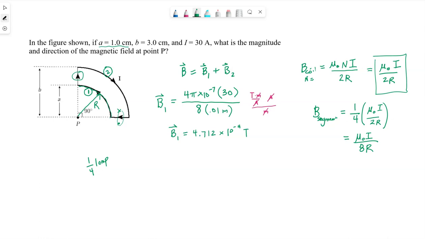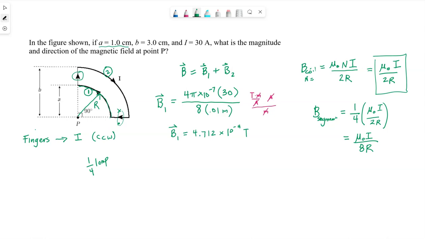So we need to use the right-hand rule. Since this current is looping, it's curving, it's a portion of a loop, I'm going to point the fingers of my right hand in the direction of that current. So for this inner loop, that is counterclockwise. So opposite the clock.